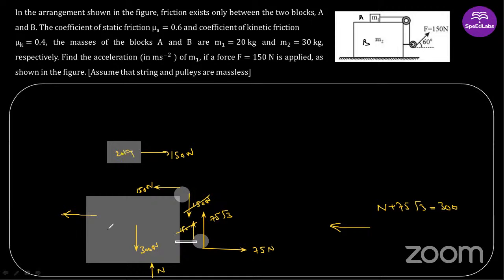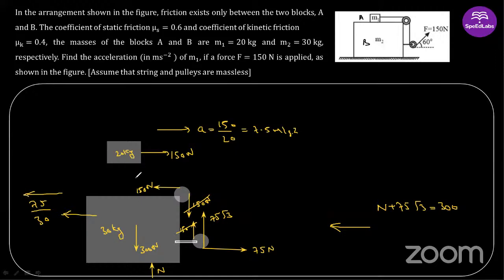This is 30 kg. Without friction, it will have an acceleration in this direction of 150 by 20, that is 7.5 meter per second square. This block is having an overall horizontal force in that direction of just 75 Newton. So it will have an acceleration of 75 by 30. So that is this acceleration.